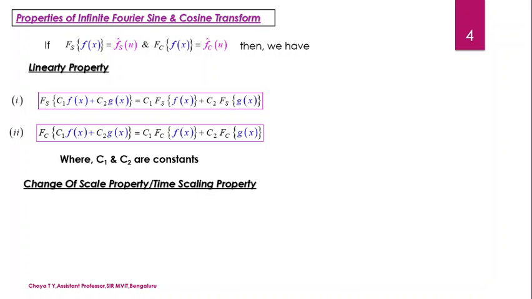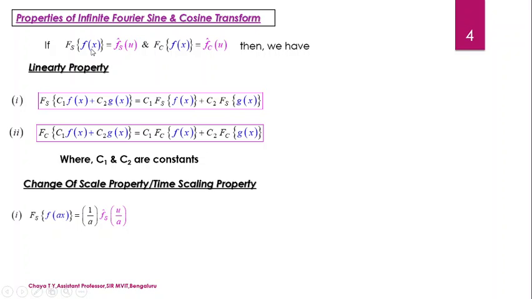Now it is called the change of scale property or time scaling property. Here, change of scale property means I should already know the Fourier sine transform of a real valued function f of x, which will be in terms of u. Then if you want to find the Fourier sine transformation of a function of the form f of ax, observe the scale over here, I mean the variable.